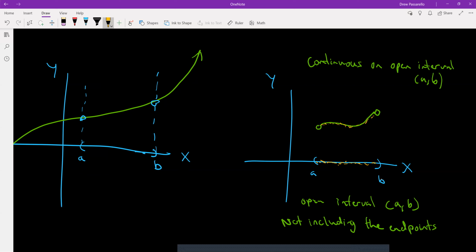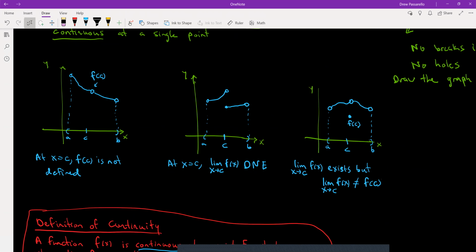So in order to talk about that, first talk about what it means for the function to not be continuous at a single point. And what I drew right here are three cases for which the graph is not continuous at a single point. And we're restricting ourselves to a segment of the graph, restricted to this open interval a, b.